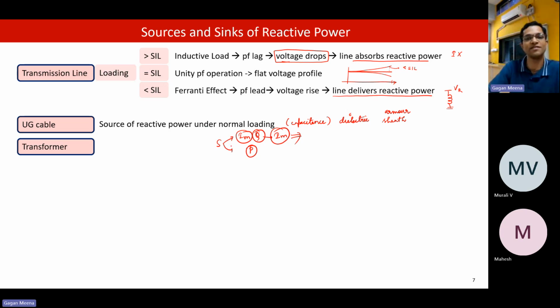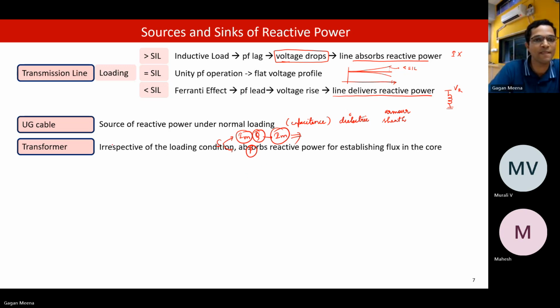In that case, energy will be stored in the fields, in terms of electric fields. So irrespective of the loading condition, the transformer will always absorb reactive power, always.